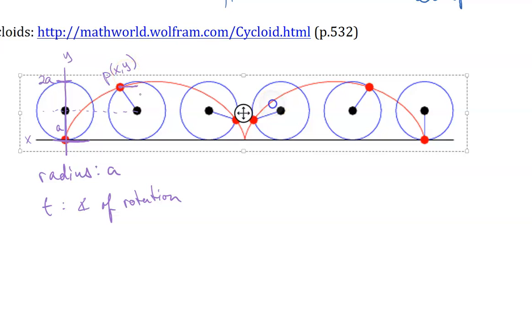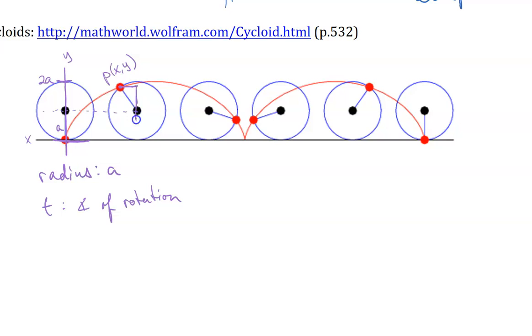So XY is moving. And then we have this vertical segment right here. Again, this height is A because that's the radius. Then I'm going to label the center as C. This point is going to be N. M is going to be the x coordinate of point P, just so I can name the point. R is going to be this corner of the triangle right here, and that is a right angle.